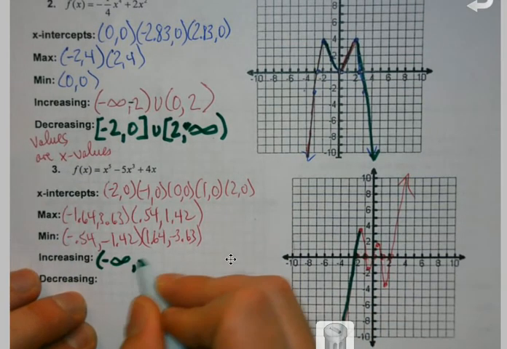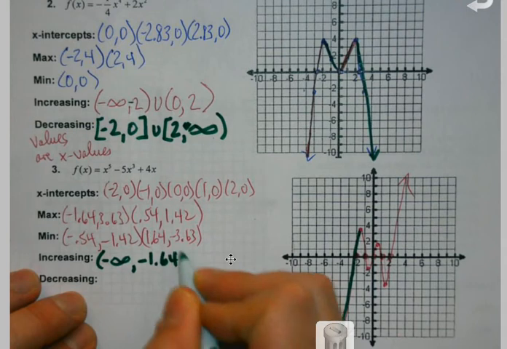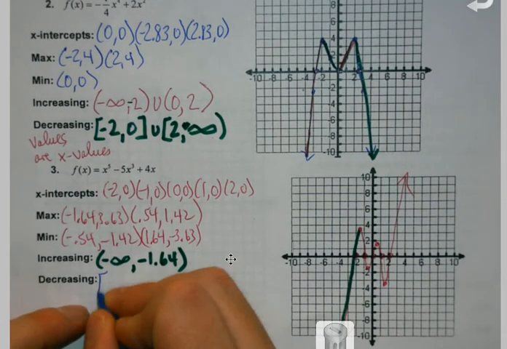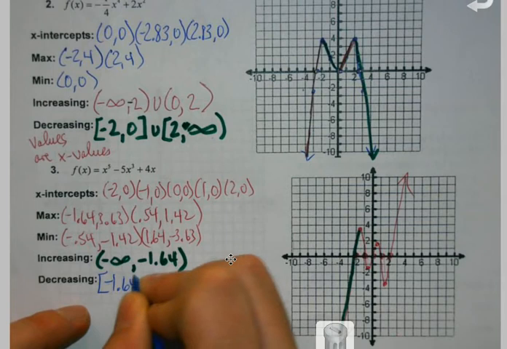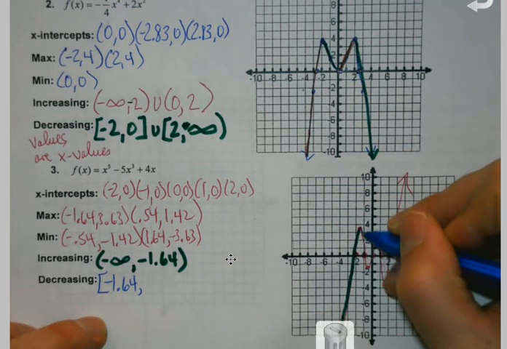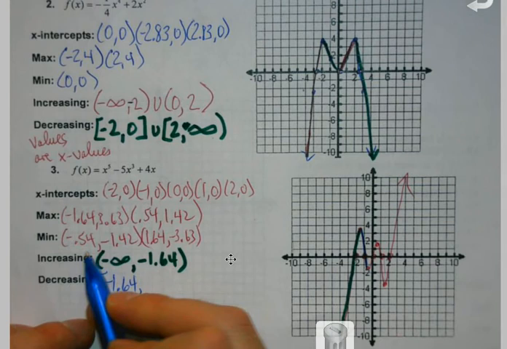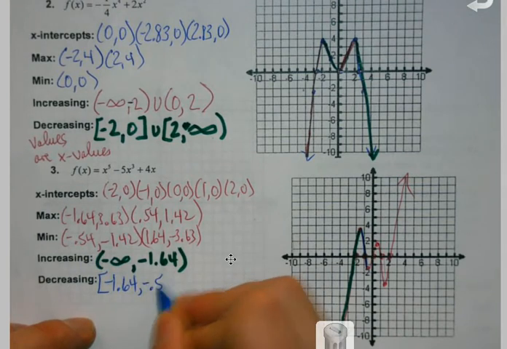So at negative 1.64, and again, parenthesis bracket, just choose whether you're going to use them on increasing or decreasing. They're interchangeable. So then I look and I'm like, okay, so then at negative 1.64, it starts decreasing until I get to my first minimum at negative 0.54.